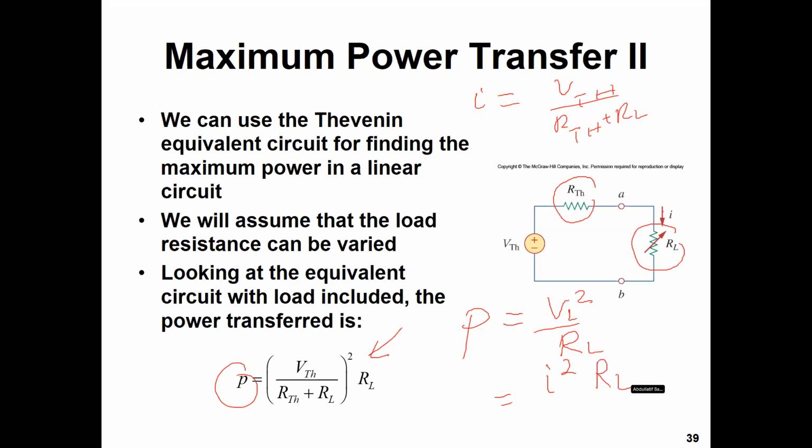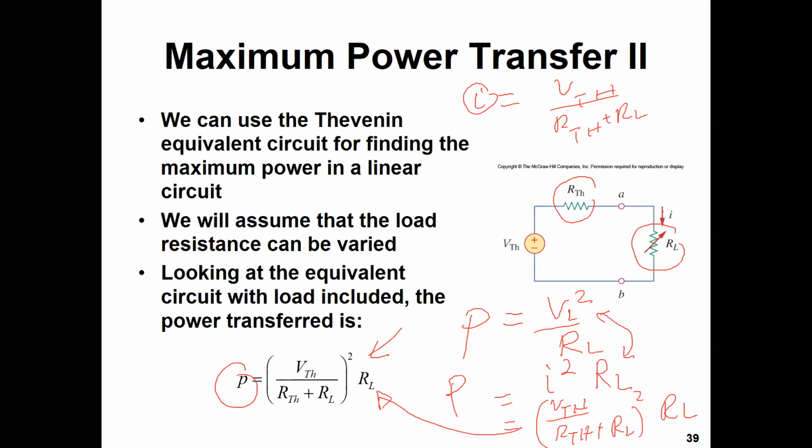Either way, we use these two equations to find P. Since we already have I, let's use I squared times RL. So P equals I squared, where I is VTH over RTH plus RL, squared, multiplied by RL, which is the same as this equation. So this is how we get this equation.